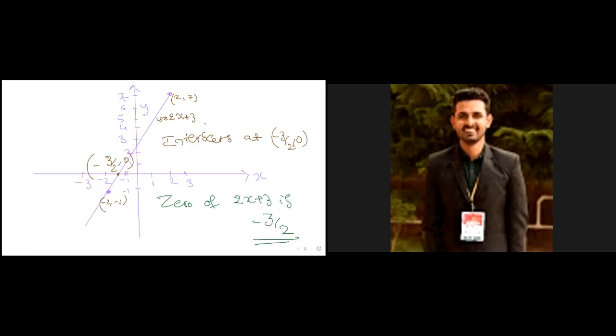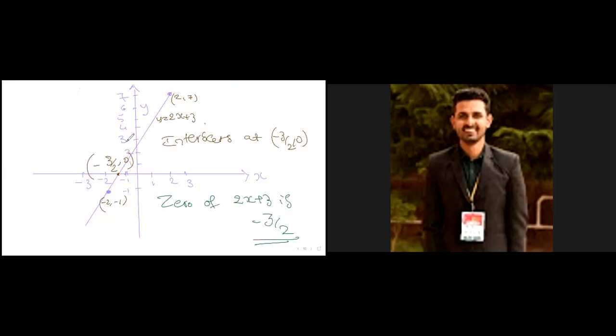Similarly, if I take the example of a quadratic polynomial, the geometrical meaning of a quadratic polynomial. And here you can observe in a linear polynomial, there is only one zero.